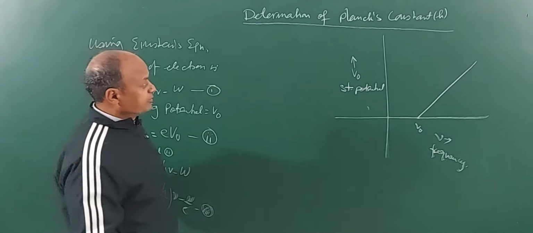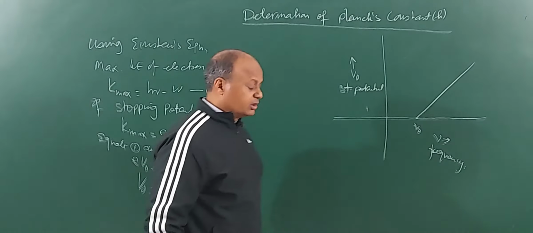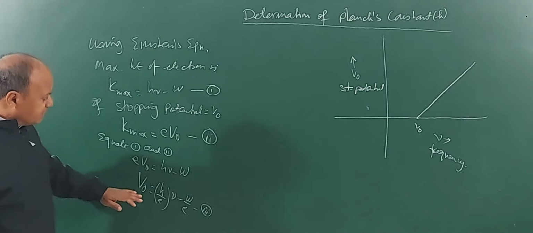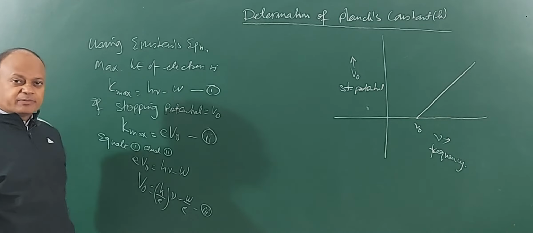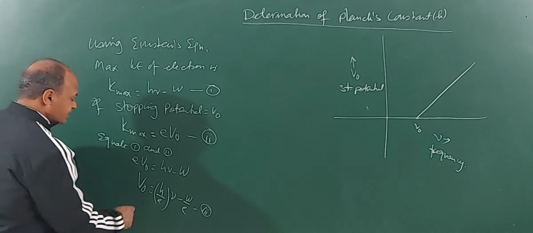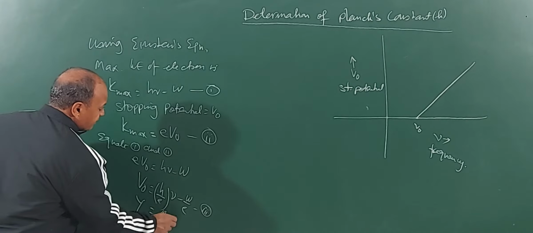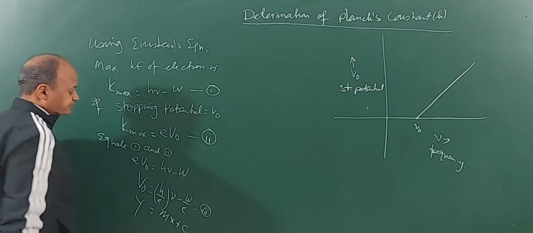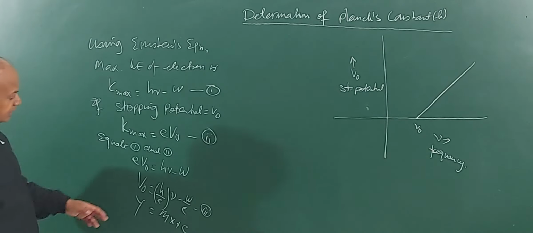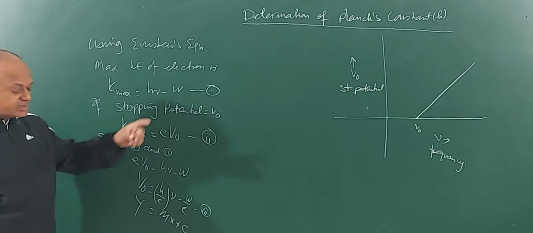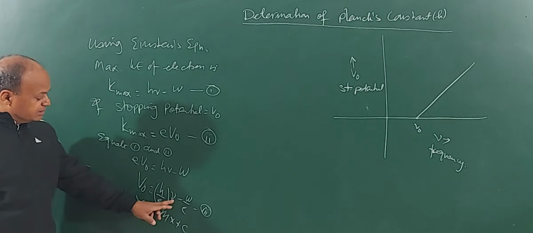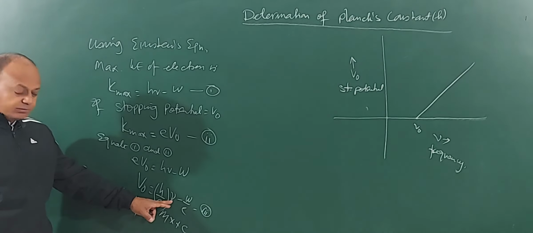Now this equation is very significant, children. Remember that we are plotting the graph in V naught and nu. So if I study this equation, this is basically a linear equation in terms of frequency and the stopping potential, and this equation can be very easily compared with y is equal to mx plus c. If I compare, in place of y, what do I have? V naught, you can say on the y axis, and instead of x I have here nu.